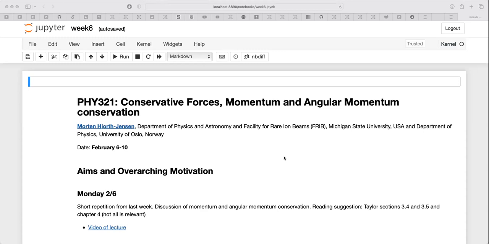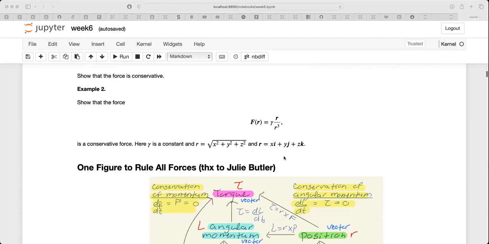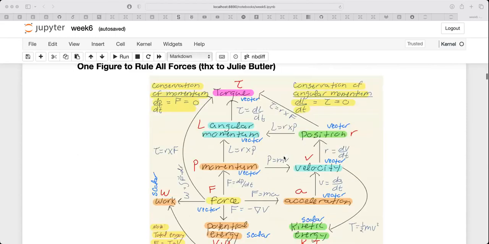So you can always download that one and use that one in the studies of this falling object. And the thing which I wanted just to quickly remind you a little bit about is this figure which Julie made last year, which I think contains a lot of the information about forces and so on. So this specific figure here, let me just reduce the fonts a little bit so that we can see it properly.